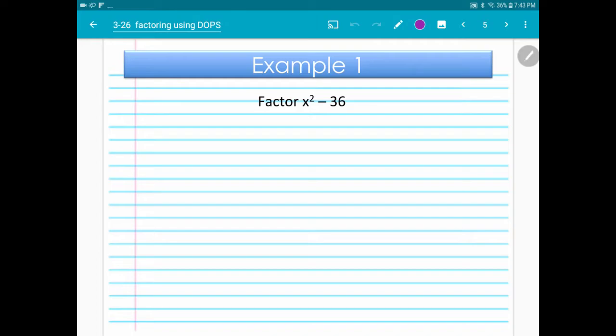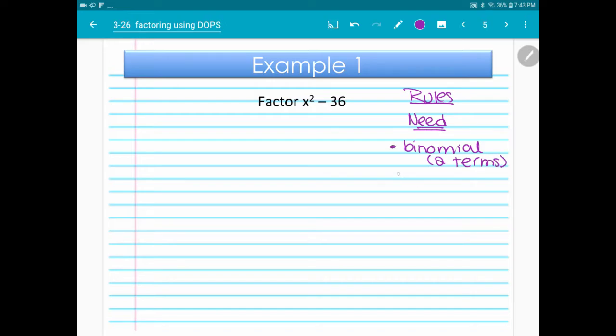So when you are looking for DOPS, or how to factor DOPS, okay, one, you need a binomial. And that means 2 terms, which is what we went over on Friday.